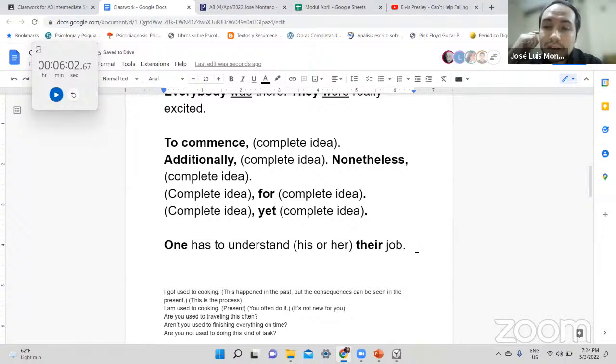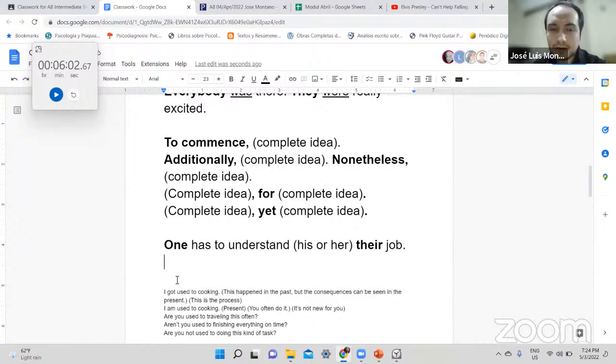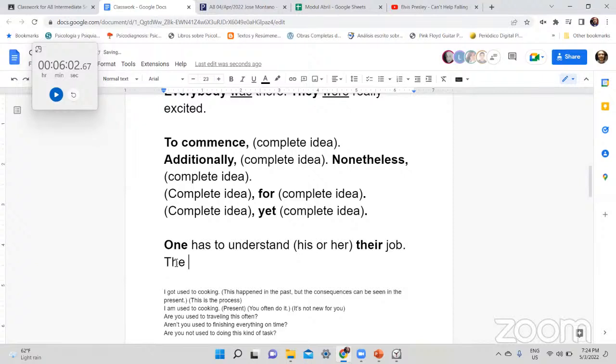How do you say "el estudiante debe leer su artículo" o "su ensayo"? One of those. How do you say that in English? The student has to read.